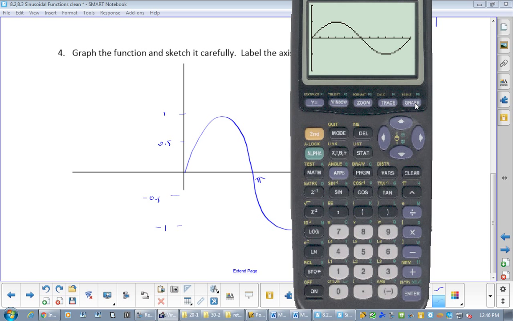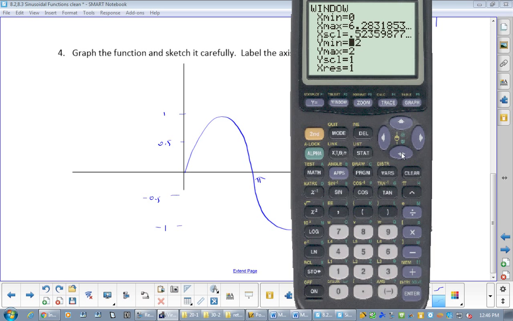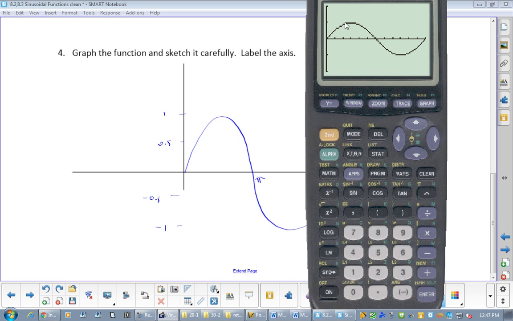Do you see how we've made our y max 2? So that's 2 up there. You can see how that's 1, correct? And that is negative 1. So a Sine X graph goes between 1 and negative 1, and 0 and 2 pi. It starts at 0, and after 1, it goes back to the x-axis. So it touches the y-axis, and it starts and finishes here.